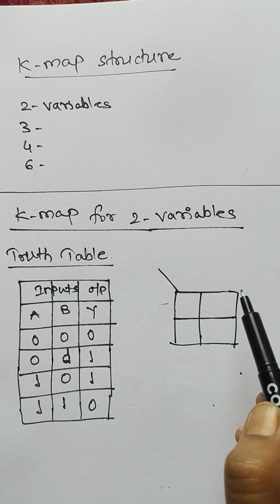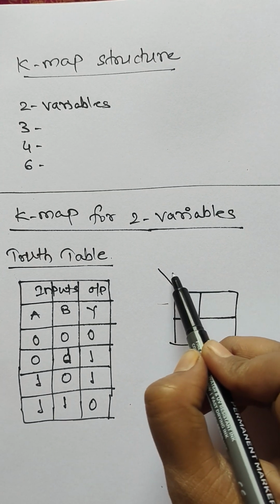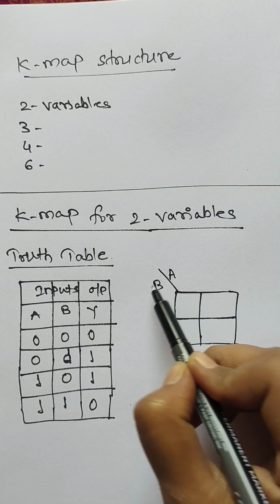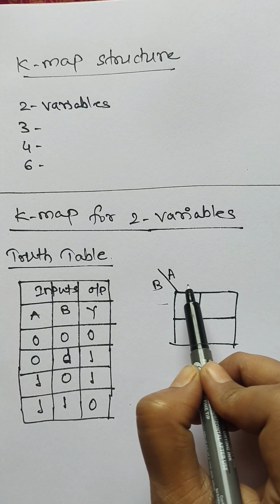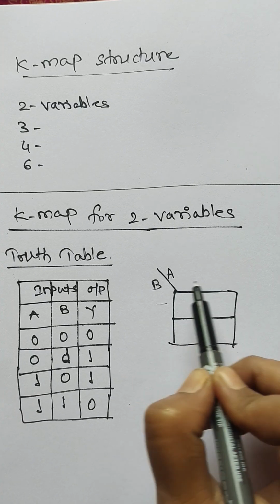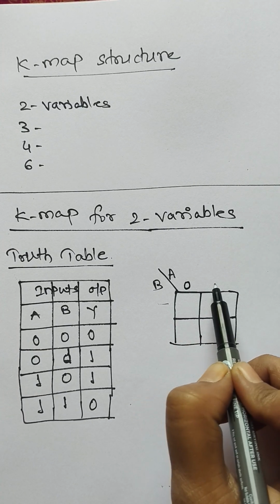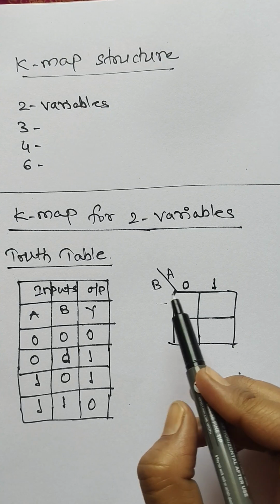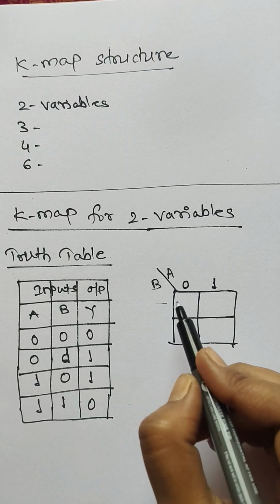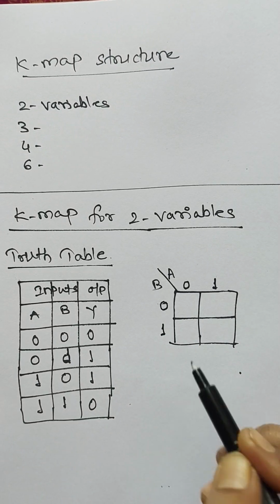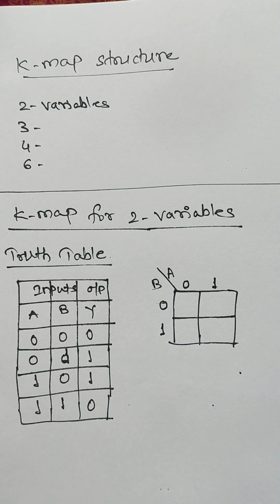Now the two input variables are A and B. We have to write them here. For the A variable, we write A can be 0 or A can be 1. In a similar way, vertically we write the B variable: B can be 0, B can be 1.